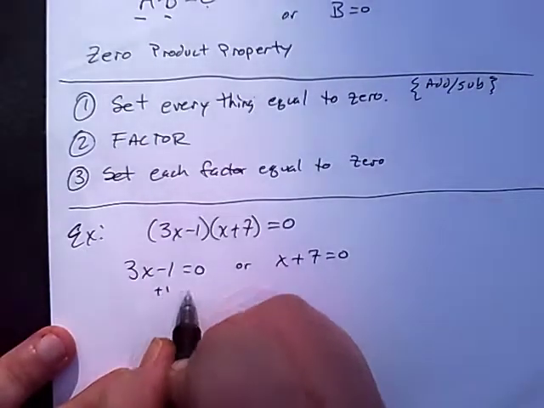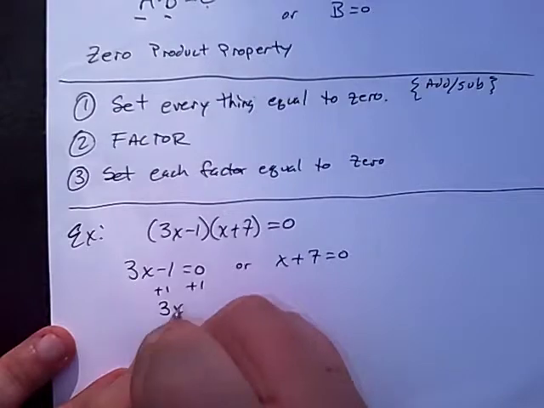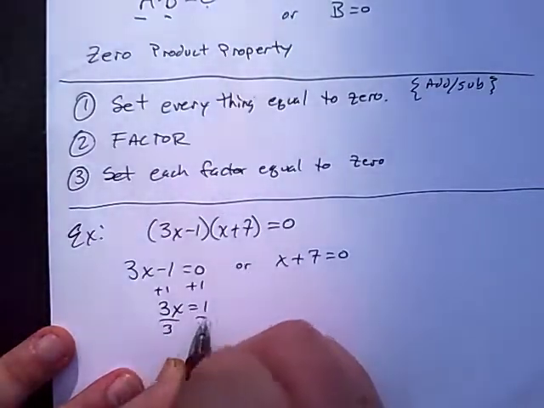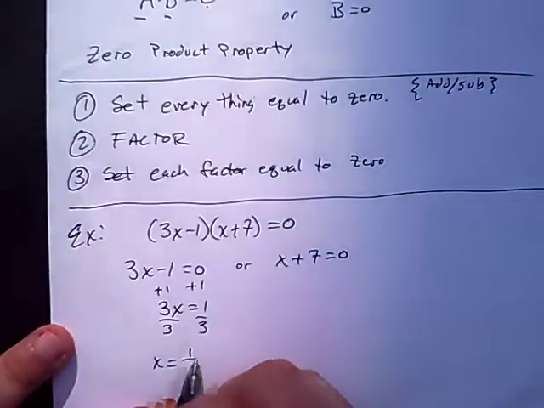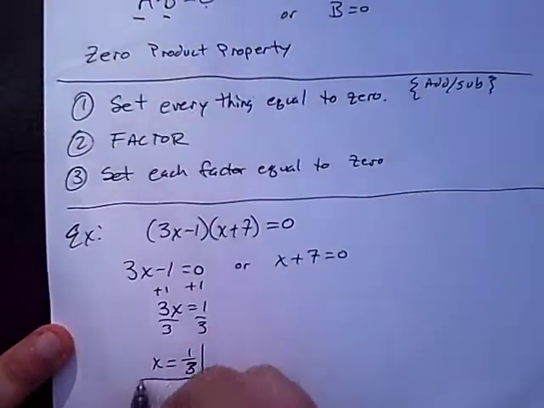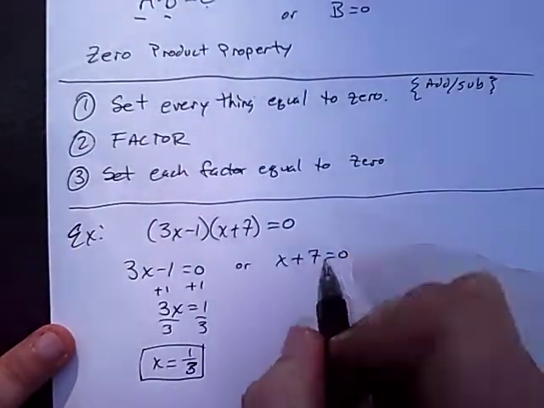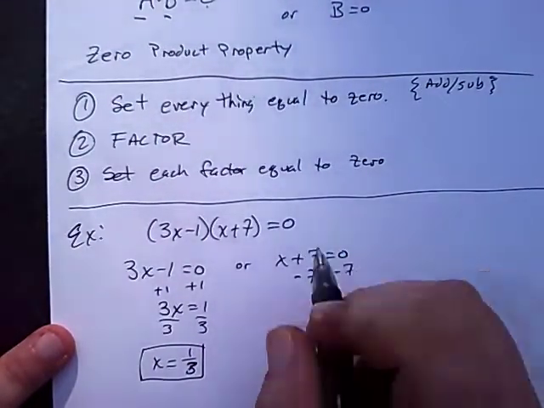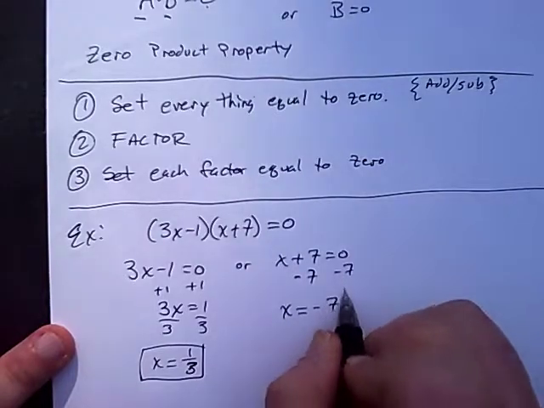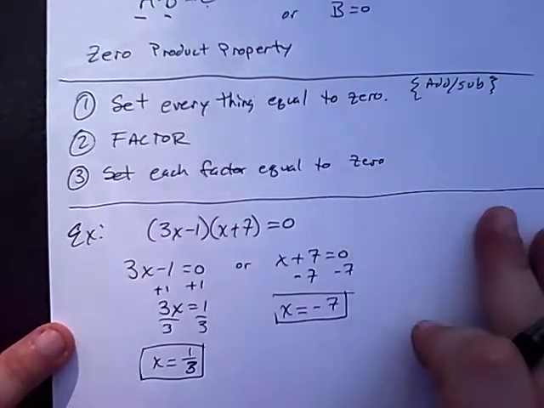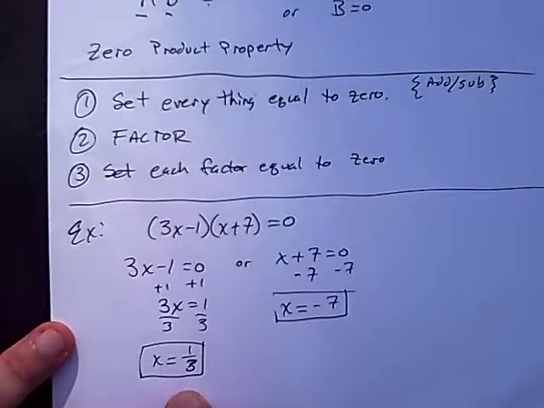So now I'm going to add 1 to both sides, and I get 3x equals 1, divide by 3, and x would equal 1/3. And over here, all I have to do is subtract 7 from both sides, and then x would equal negative 7. All right, so my answer is 1/3 and negative 7.